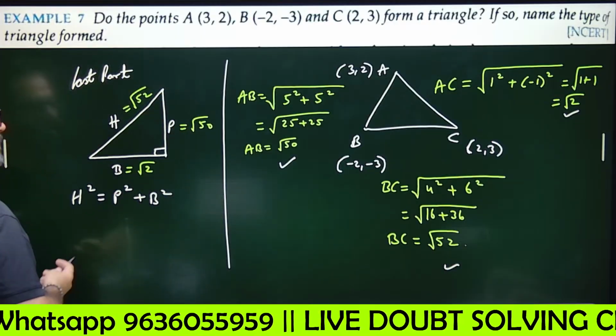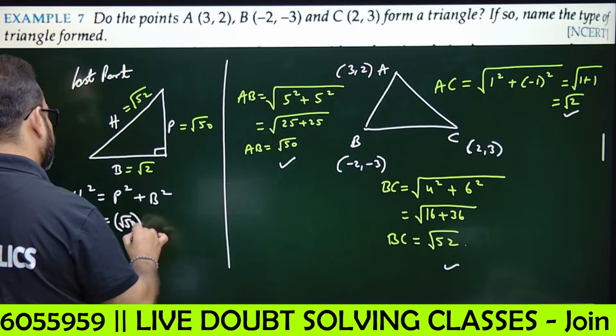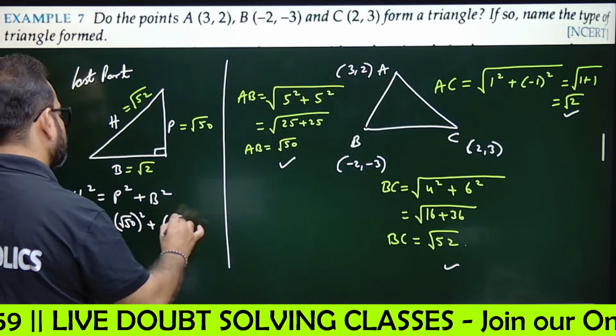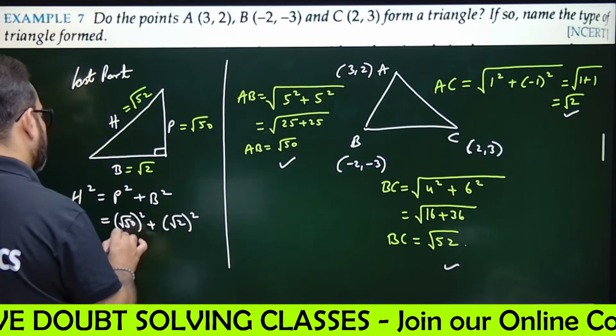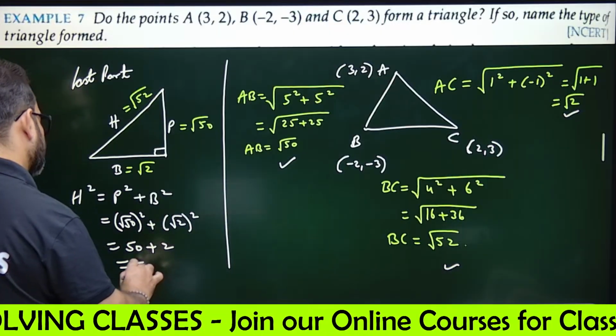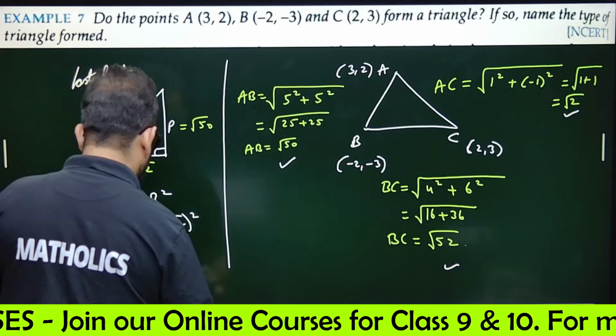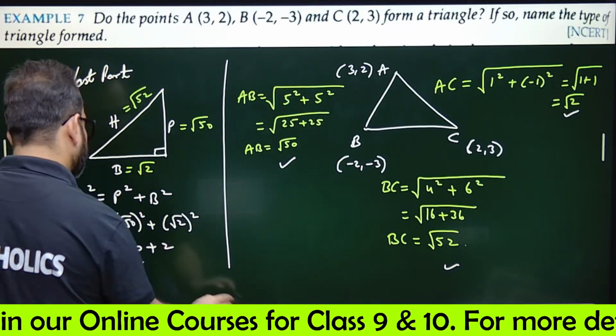Let's check. P is root 50, whole square, plus base, under root 2 whole square. Under root 50 square is 50, under root 2 square is 2. 50 and 2 is 52.